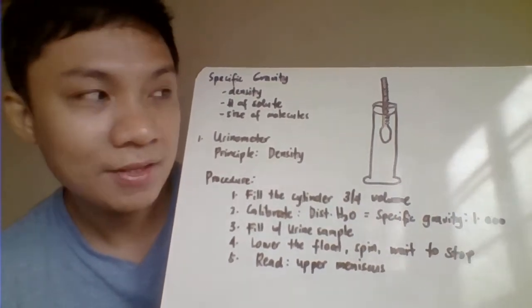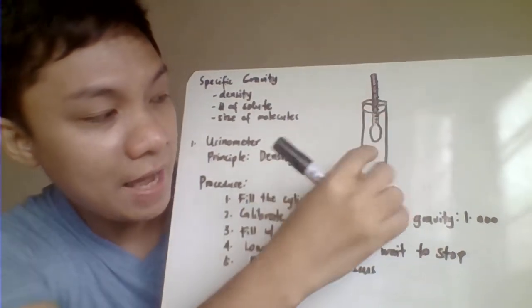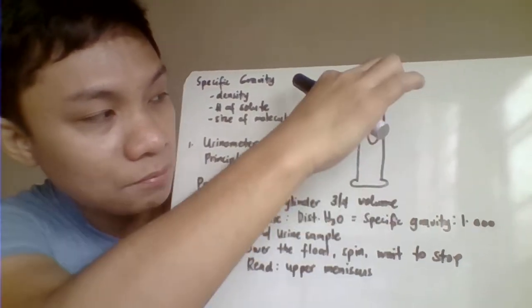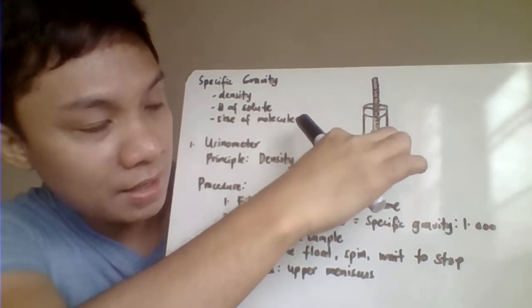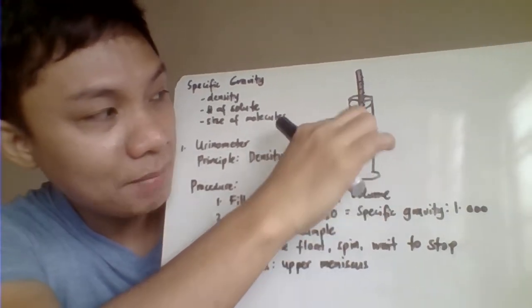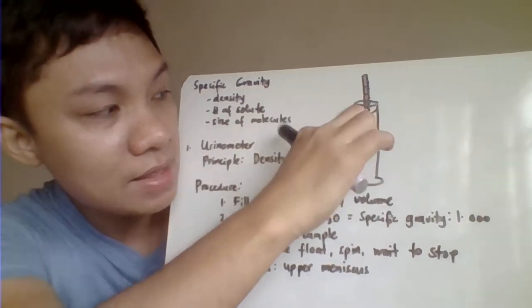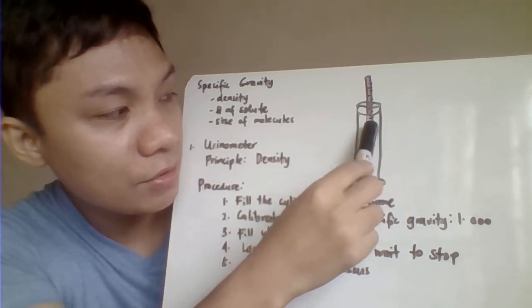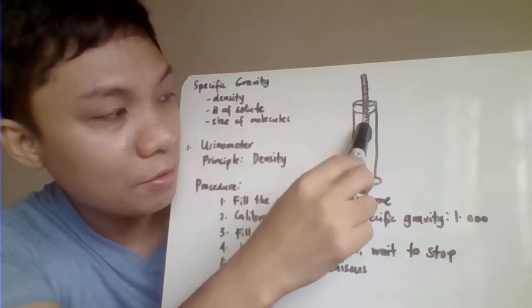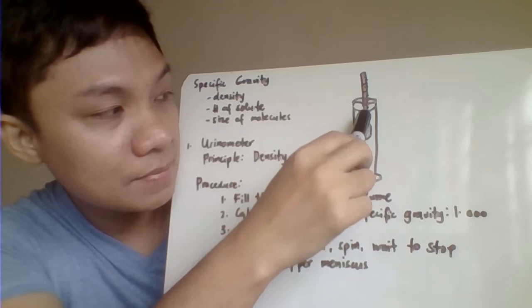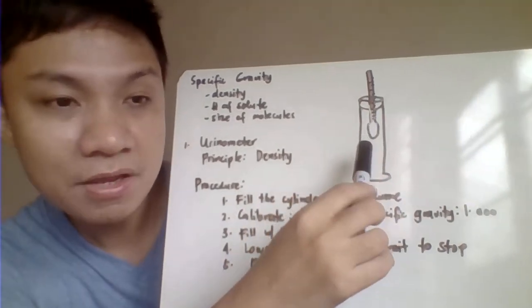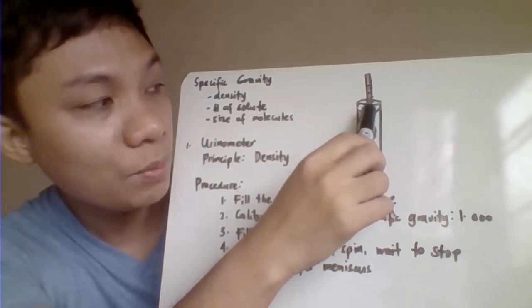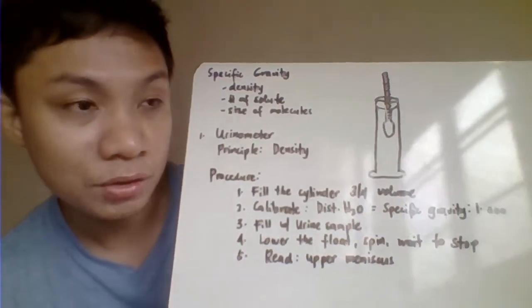Pag madami ang solute mo dito, bumababa ito kasi mabigat, at madami ka nang di-displace na urine. So for example, originally dito ang urine natin, pero pag mabigat ito, madami ang tataas. So madaming madi-displace na urine volume, and that would represent here your solute.